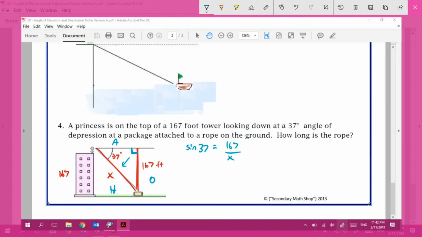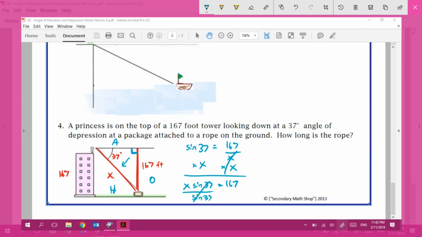Now we're going to solve to find our x. So first I'm going to multiply x to both sides because I don't want it on the bottom over here. So that's gone, bam. And this is going to give me x sine of 37 equals 167. But I want x by itself, right? So I'm going to go ahead and divide by sine of 37 on both sides.